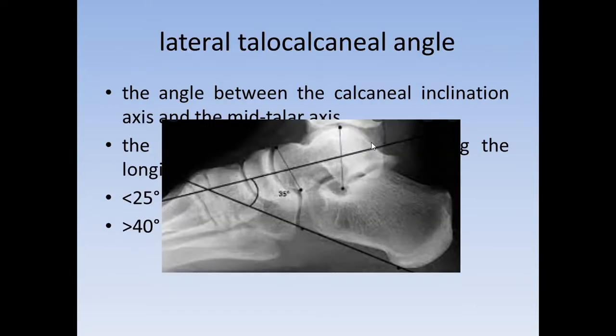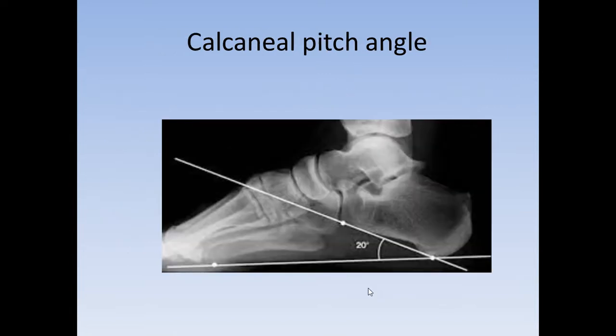The second one is the talocalcaneal angle, the same as the lateral talocalcaneal of the AP. And the last one is calcaneal pitch, the angle between the inferior surface of the calcaneus, the lowest point of the anterior process and tuberosity, and the horizontal. If the angle increases, it is cavus; if it decreases, it is flat foot.